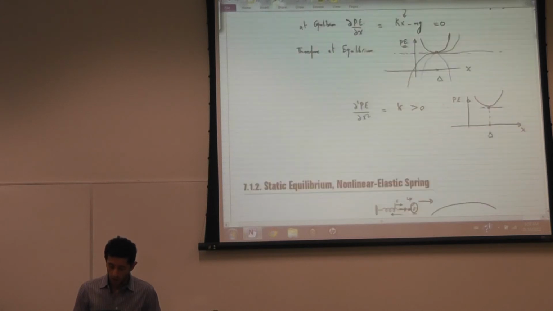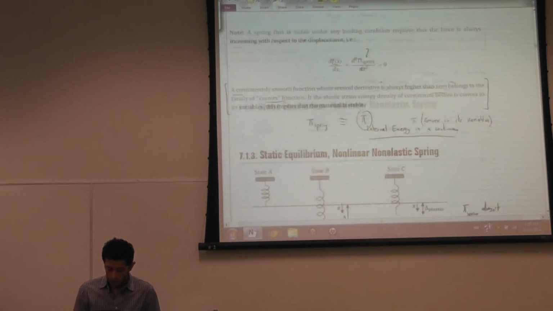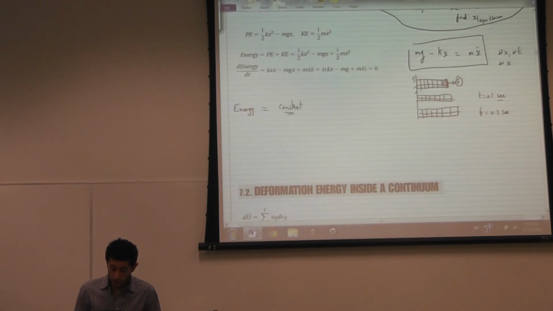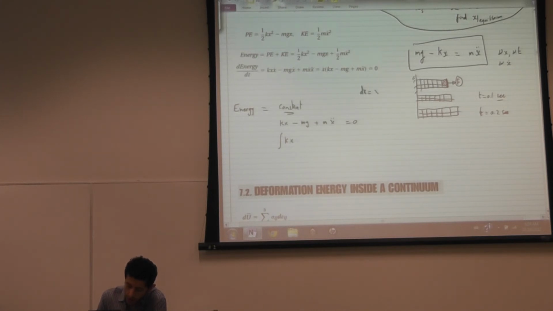And this total energy for a structural system, when you integrate mg minus kx equal to m x double dot, let's do that integration. I'm going to integrate it with respect to x, but dx is equal to the velocity times dt.